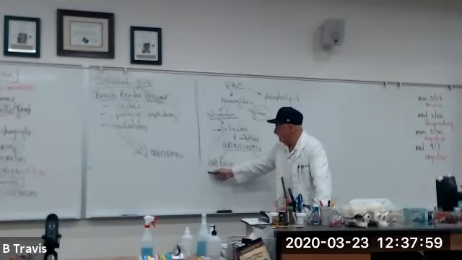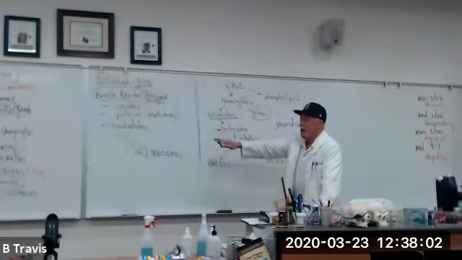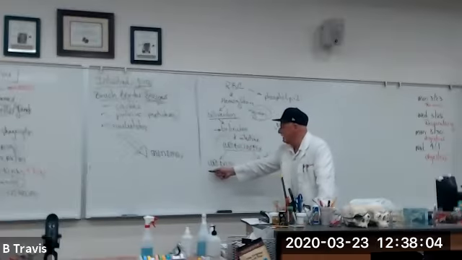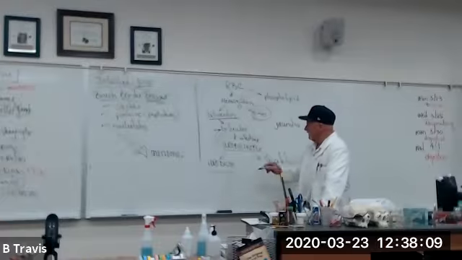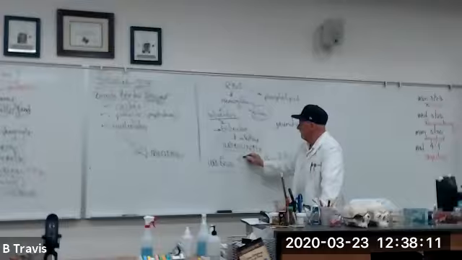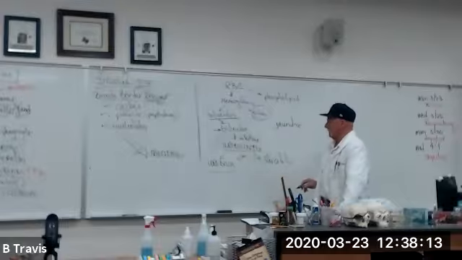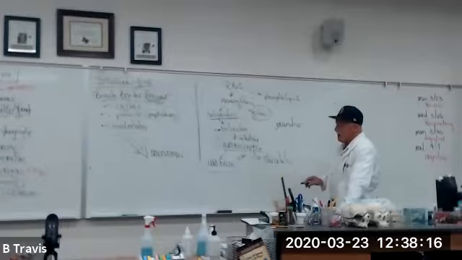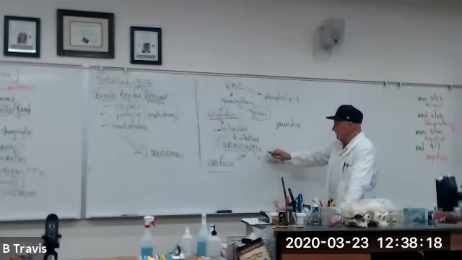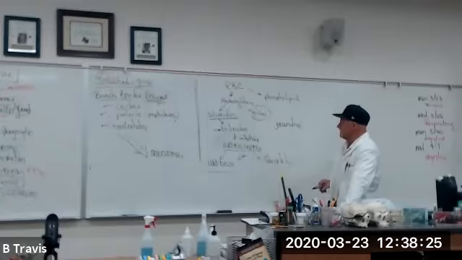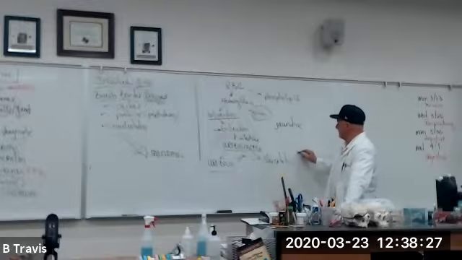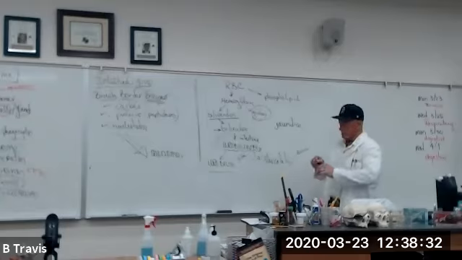One, it can be picked up and taken to the kidneys and excreted as urine as urobilin, which gives it the yellow color. Or it can stay in the digestive tract. In other words, it isn't picked up by the hepatic portal system, and it can come out in feces as stercobilin, which gives it the brown color. Okay, we're good.